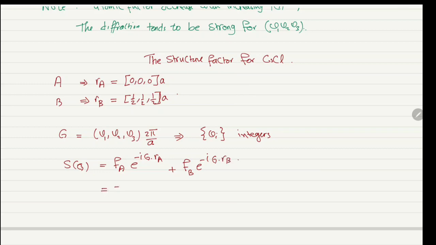In other words, f_A plus f_B exponential minus i 2 pi over a times v1, v2, v3 times half a.